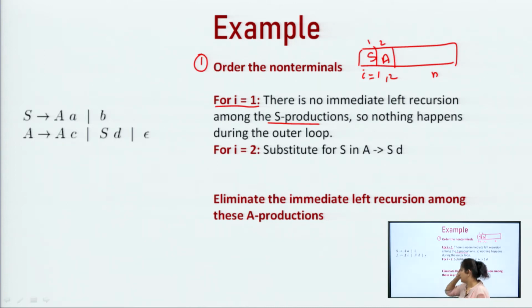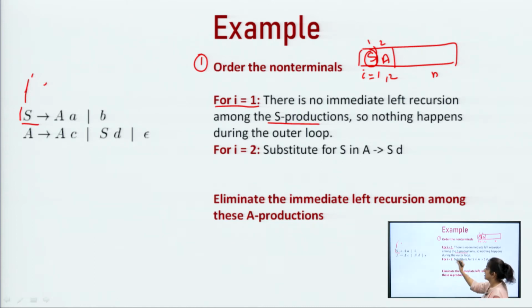Actually, at I equal to 1 the non-terminal is capital S, and here we try to find indirect left recursion due to the non-terminals that appear before S. Before S there is no non-terminal, so no further substitution is possible at this stage. It will be more clear in the second iteration.